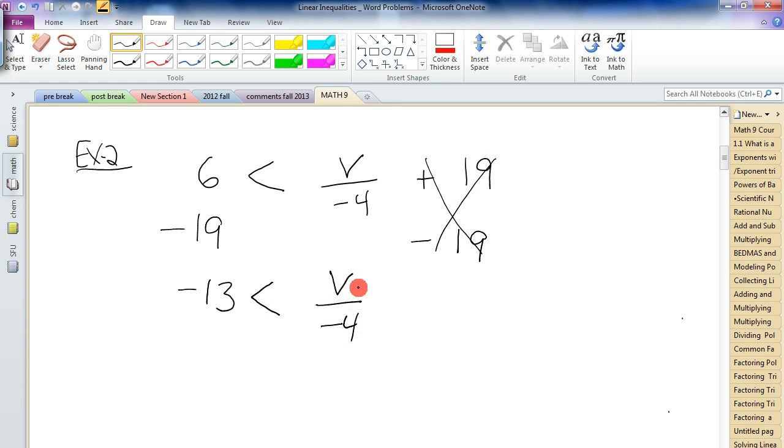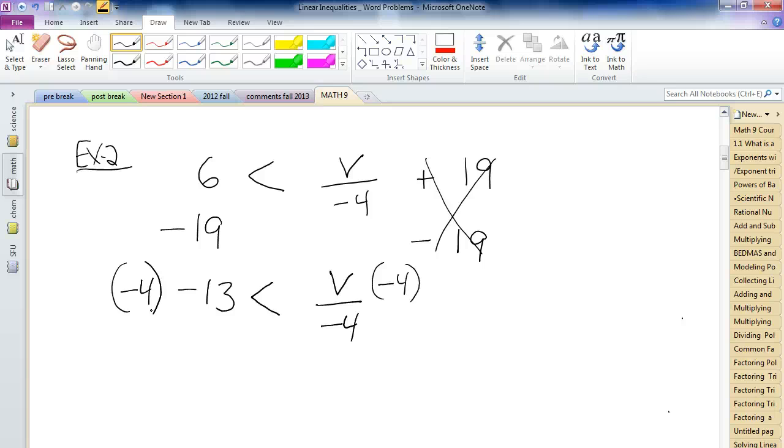How do we get rid of this negative 4? Well, we see that negative 4 is dividing the v. So to get rid of it, we need to do the opposite of dividing, which is multiplying by negative 4. So we multiply this side by negative 4. Whoa! The alarm went off. We're multiplying by a negative number.